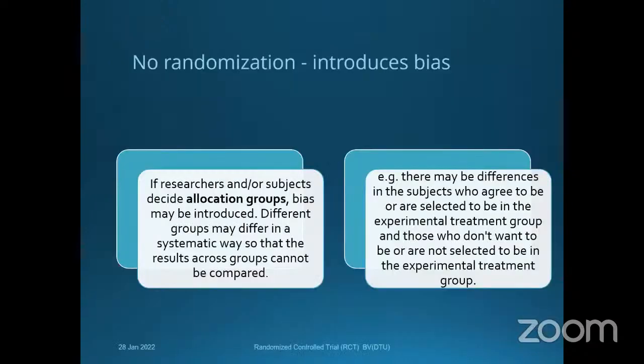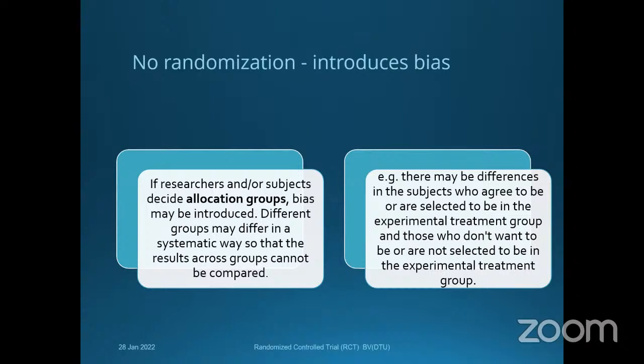So with randomization, if researchers or the subjects decide allocation to groups, bias may be introduced. Different groups may differ in a systematic way so that the results across the groups cannot be compared. So allocation should not be with the researchers or the subjects. There may be differences between the subjects who want the experimental treatment and those who don't want it and are not selected for the experimental treatment group.